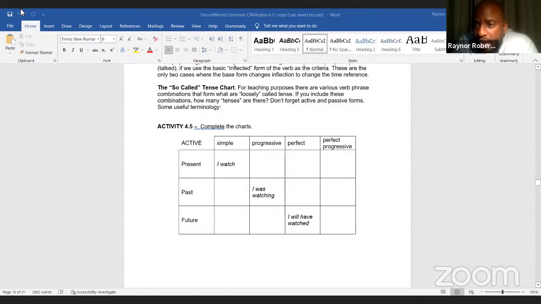Because the reality is, you say, how long have you been watching football? And you said, I've been watching football since I was a kid. Well, the reality is you've been watching on and off, whereas the perfect suggests more consistency. That makes sense?